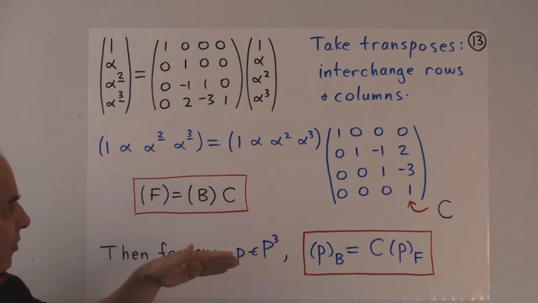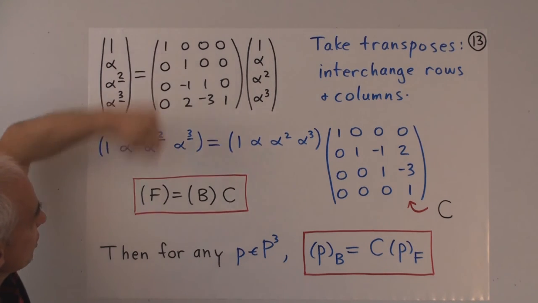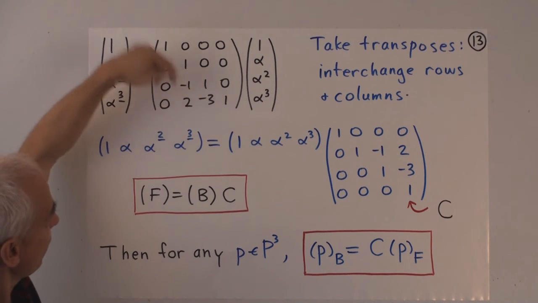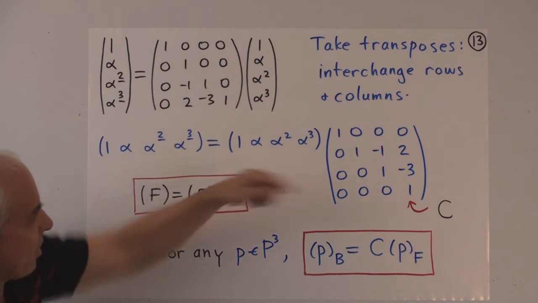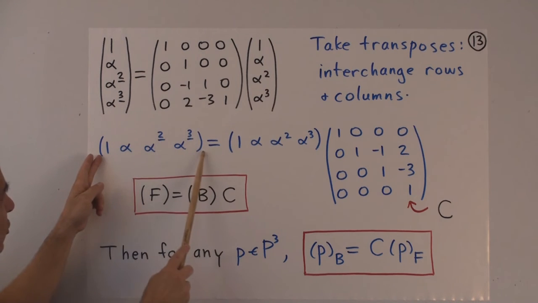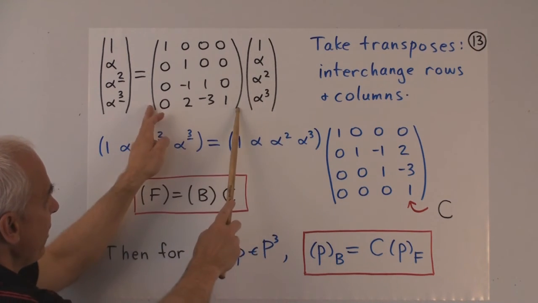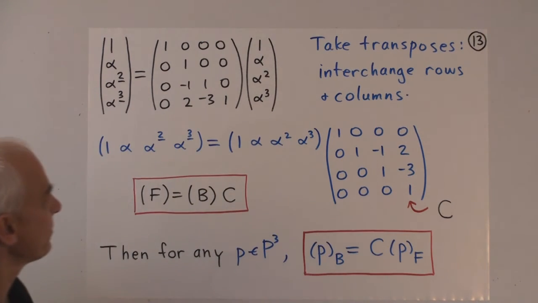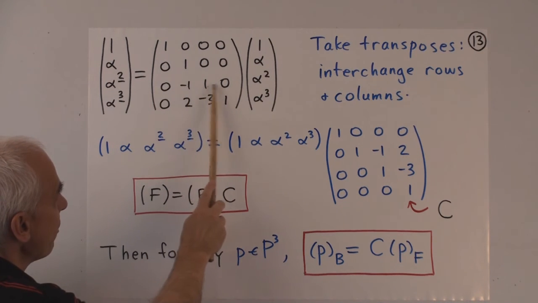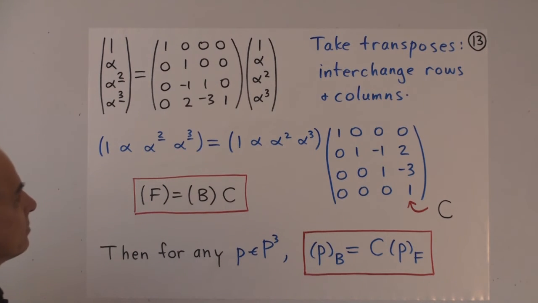So columns become rows, rows become columns, and a matrix like this becomes transformed into another matrix where the original columns are now the rows and the original rows are now the columns. So this vector transposed, this vector transposed, this matrix transposed is this. Let's just check that. For example, the third row here is 0, minus 1, 1, 0. The third column is 0, minus 1, 1, 0.